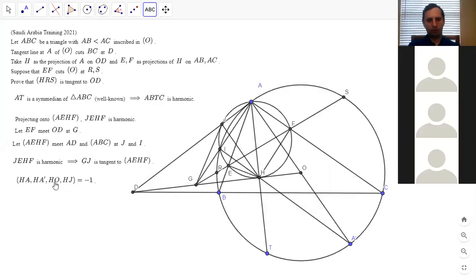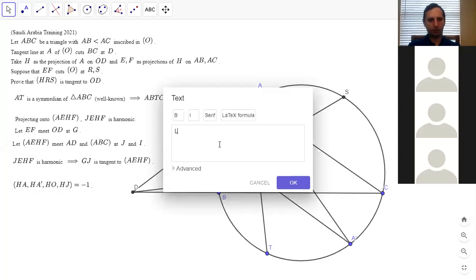So I'll say let A prime be a diameter of ABC.